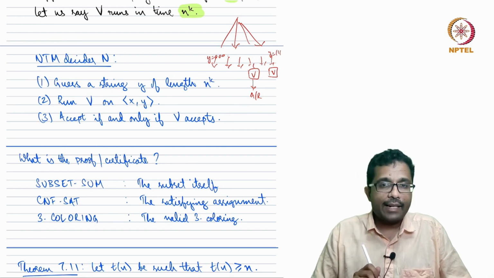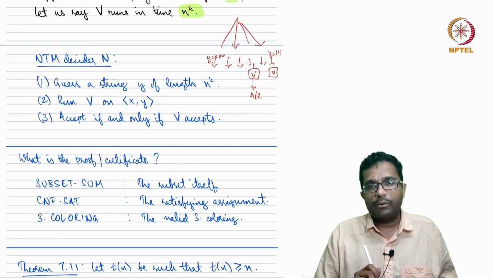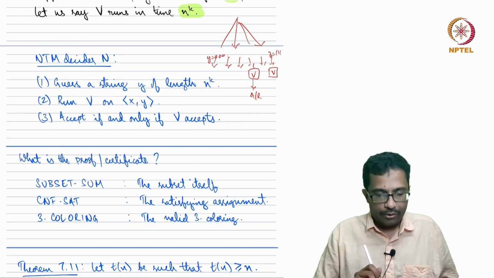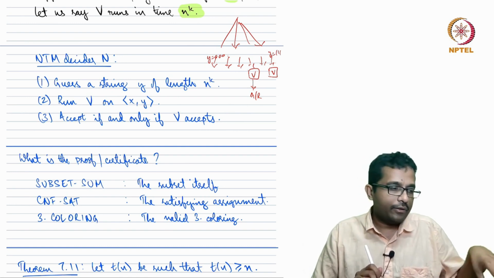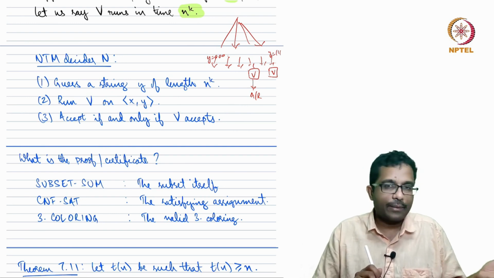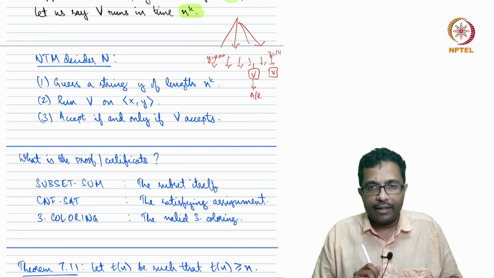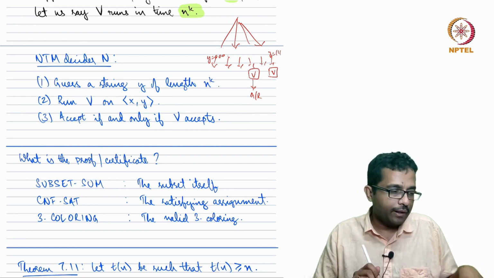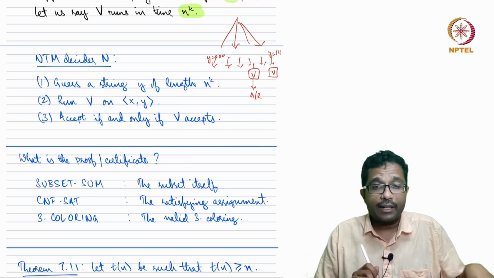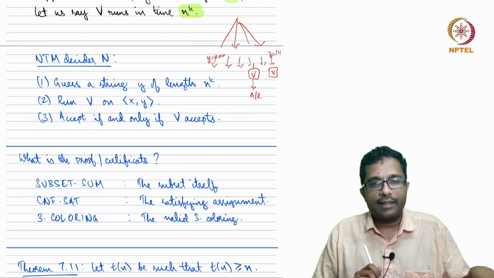In the case of SAT or CNF SAT, the assignment that satisfies the formula was the proof. So these are all proofs that the given instance is a yes instance. In the case of satisfiability, it is a proof that the given formula is satisfiable. In the case of three colorability, it is a proof that the given graph is three colorable.